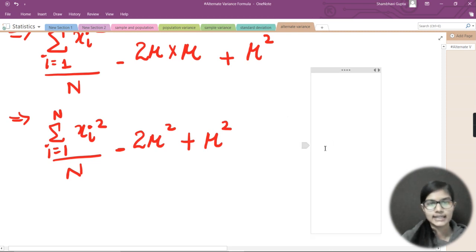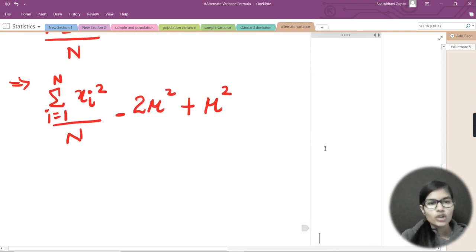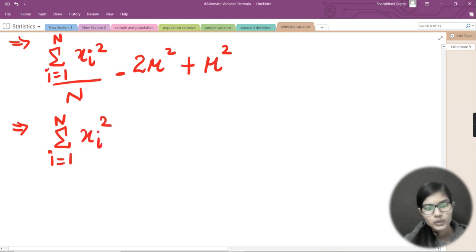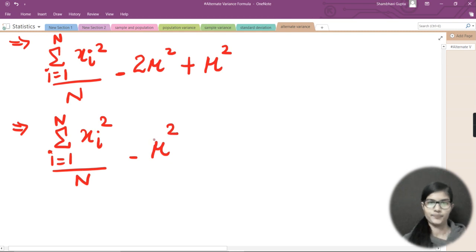So this is the thing. Now, yes, you all have got the point, and you must be correct that now we will subtract these two things. So now, what is the formula that I'm going to get here is sigma i is equal to 1 to n x of i whole square divided by n, and now it is minus mu square.